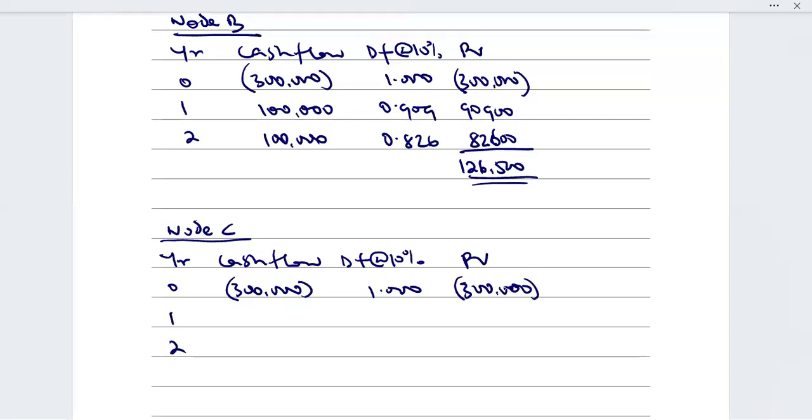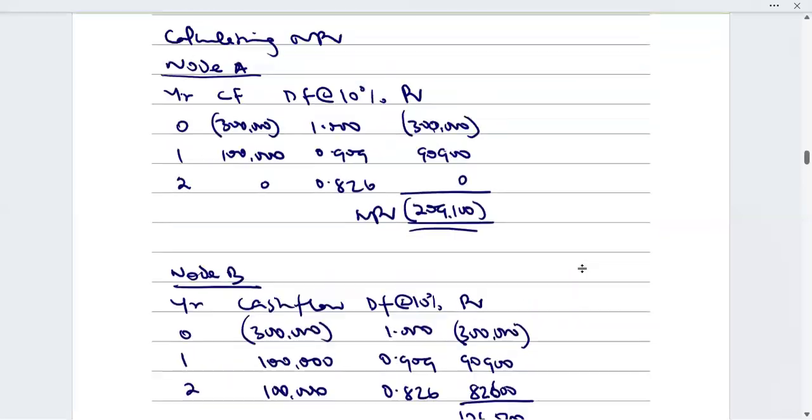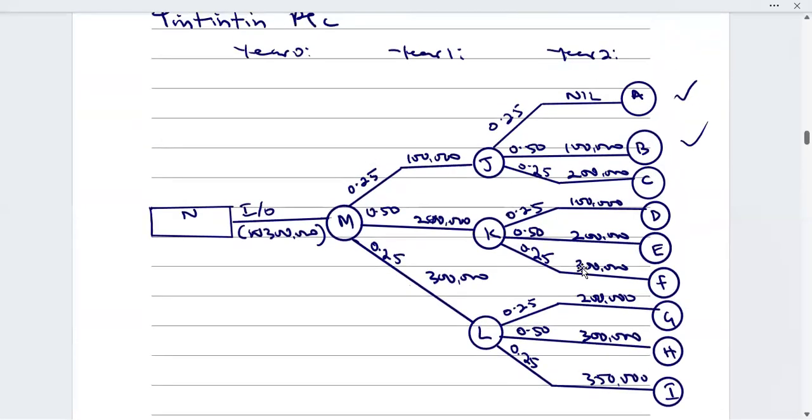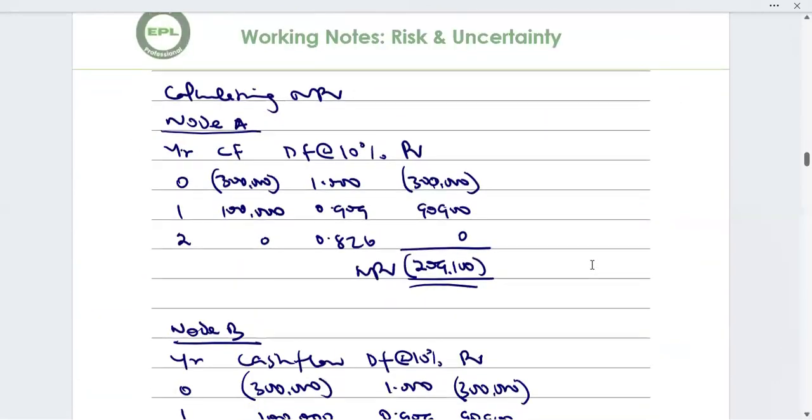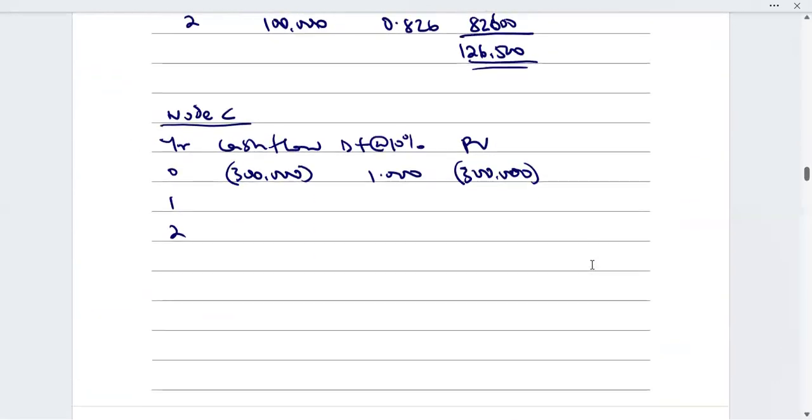Year one, year two. For node C, the cash flow in year one is 100,000. Year two is 200,000.